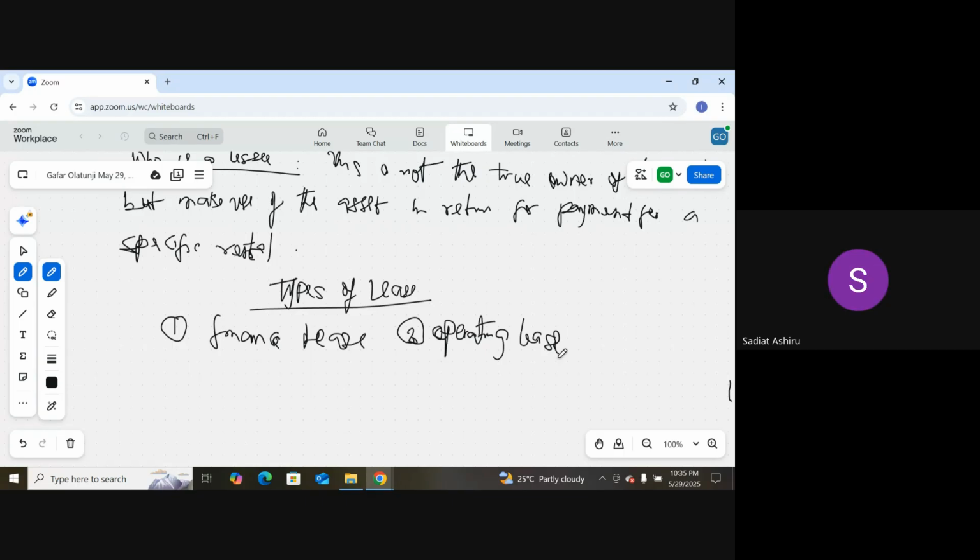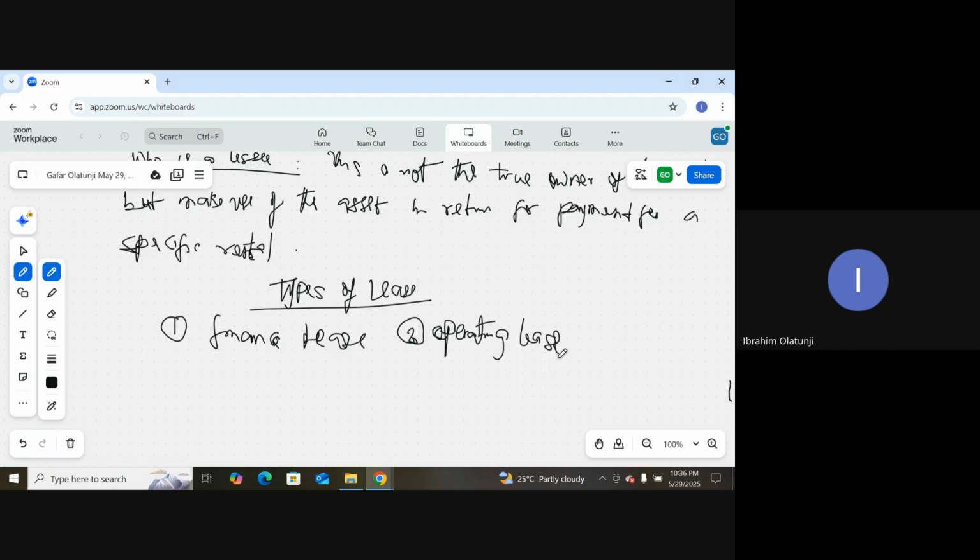Let me recap again. When I said finance lease is a lease that normally lasts for the expected working life of an asset, the owner, the lessor, will receive a rental payment from the lessee.